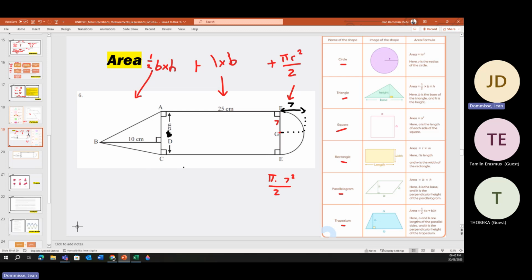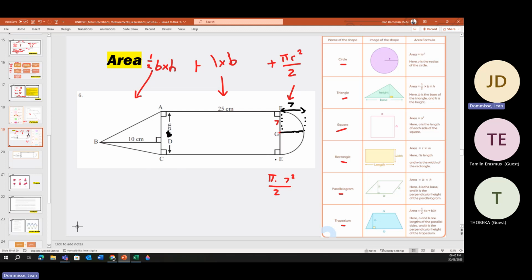Okay, so because if that is 7, that's also the radius. Then that must be 7. And if that is 7, then that whole line will be 14.